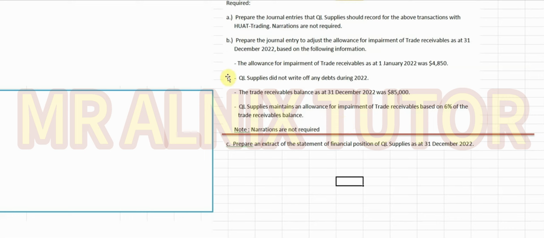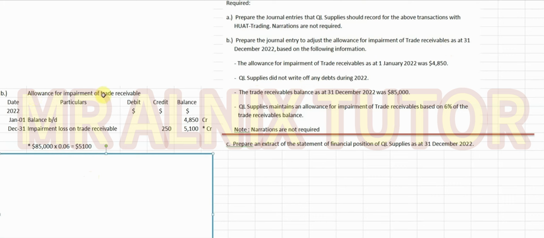Okay, we solve it one by one. For this question, normally I encourage preparing the allowance for impairment of trade receivable account first. From there, it will be easy to solve the question. Or for those that never mentioned the need to prepare the allowance account, just in case we have overlooked something, I will prepare the allowance account first.